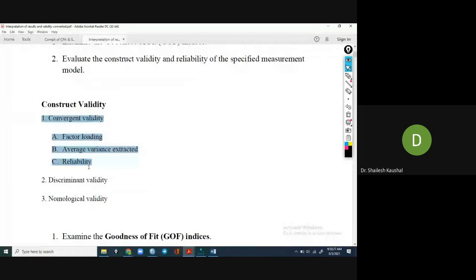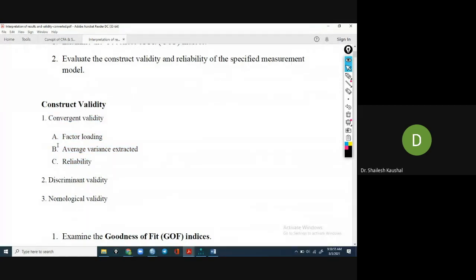So reliability can be checked through the Cronbach alpha. For each construct, if the Cronbach alpha value is more than 0.7, then we can say this scale is reliable. Otherwise, if its value is less, we will say the scale is not reliable.